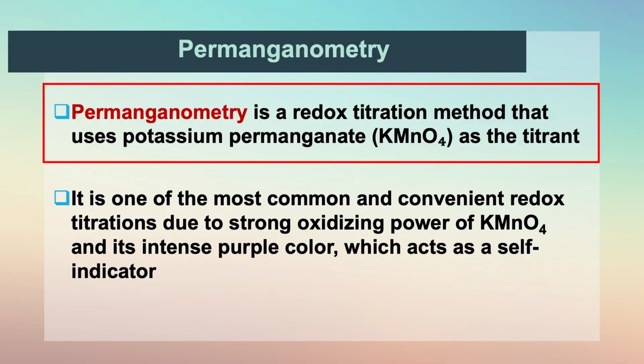Permanganometry is a redox titration method that uses potassium permanganate as the titrant. It is one of the most common and convenient redox titrations due to the strong oxidizing power of KMnO4 and its intense purple color, which acts as a self-indicator.